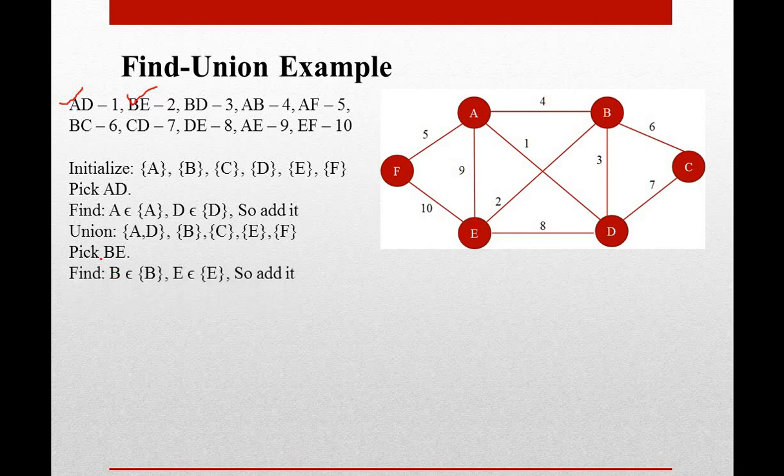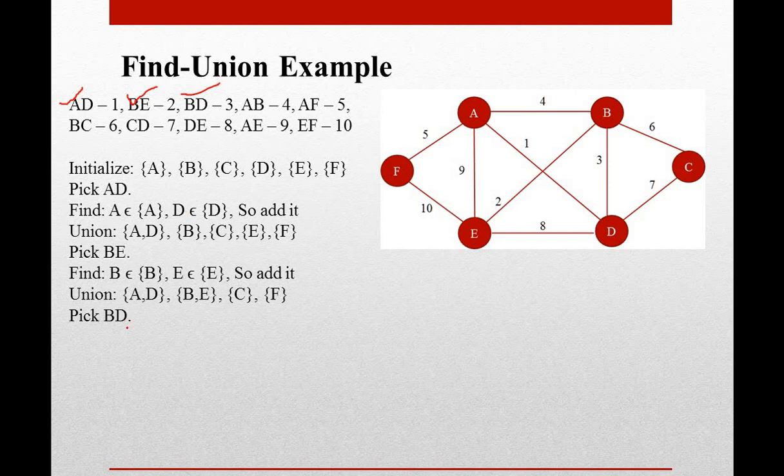B belongs to set B and E belongs to set E. Since both are different sets, we can add it. Let's add it and union. Now we have B and E unioned, so you have AD, BE, C, F. We have 4 sets now. Let's now pick BD.